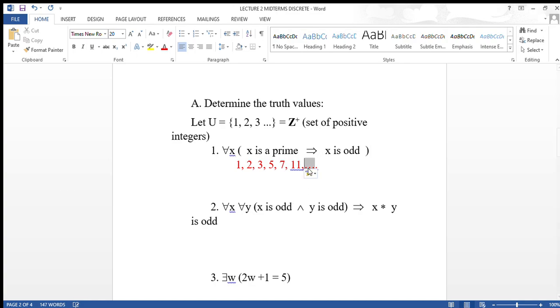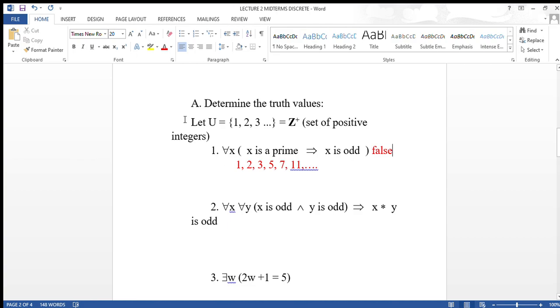Since 2 is not an odd integer, or is not an odd prime number, that now becomes our counterexample. Therefore, this proposition will have a truth value of false because of element 2.